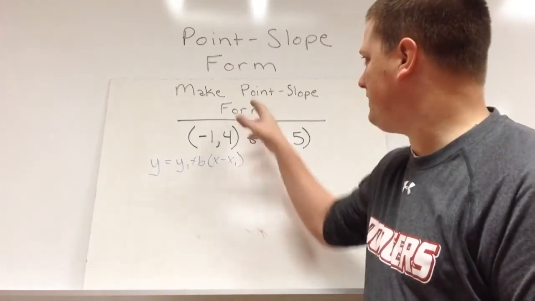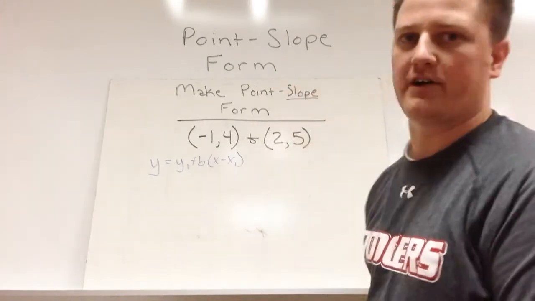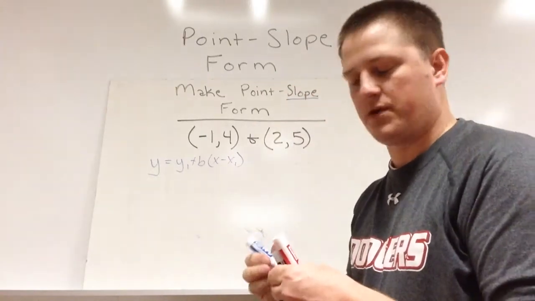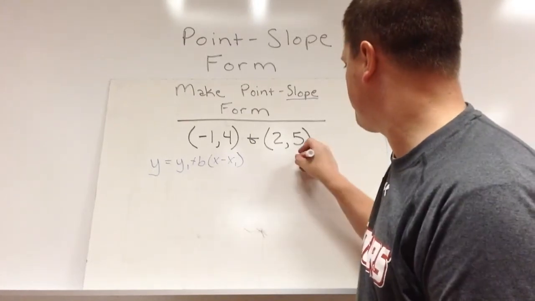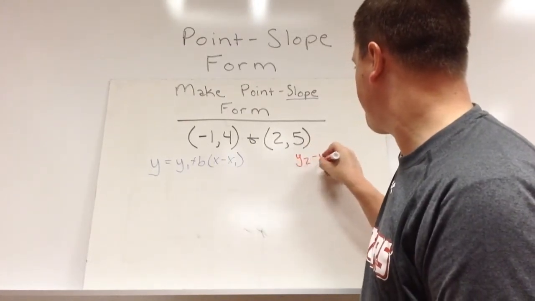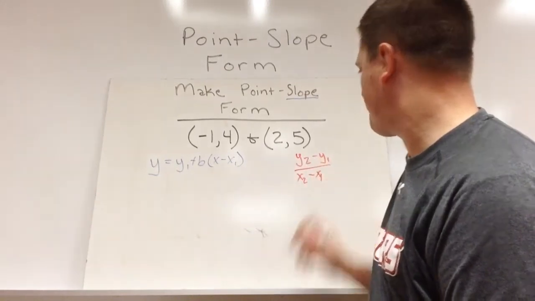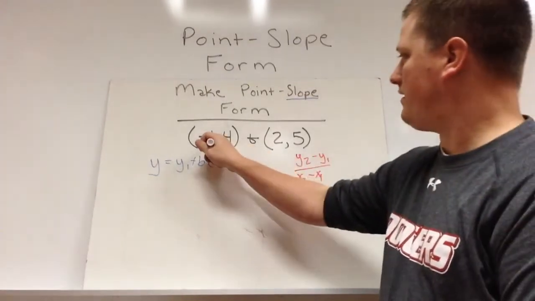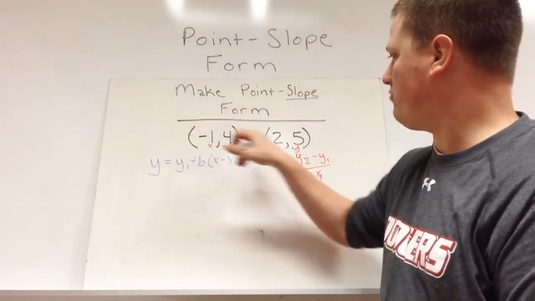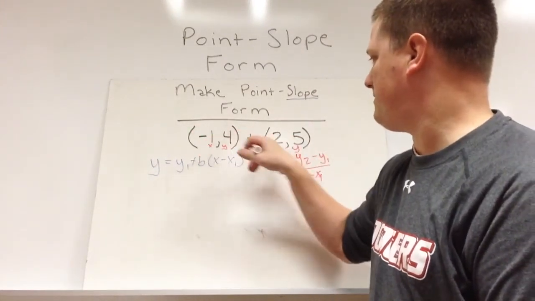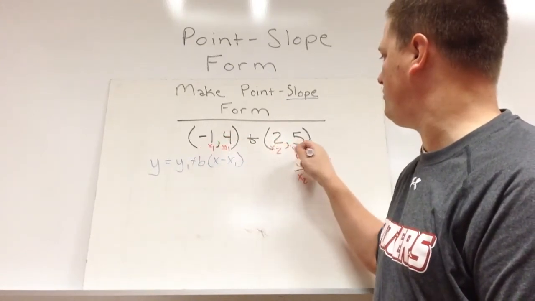Since it's point-slope form, we really should start with the slope first, because the slope is pretty important. So we have our slope formula. Negative 1 is smaller than positive 2, so this one's going to be my 1's and this one's going to be my 2's.